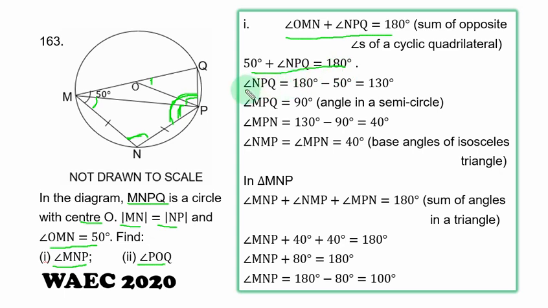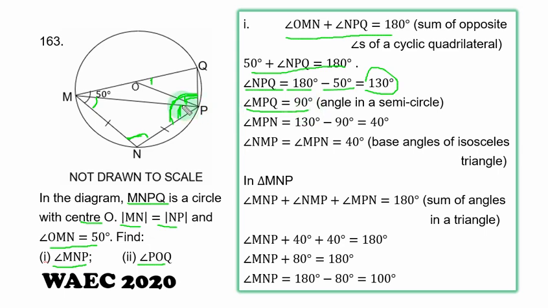Now, angle NPQ becomes 180 degrees minus 50 degrees, and that is 130 degrees. If O is the center, then MOQ is a diameter. So this angle is in a semicircle and it is equal to 90 degrees.